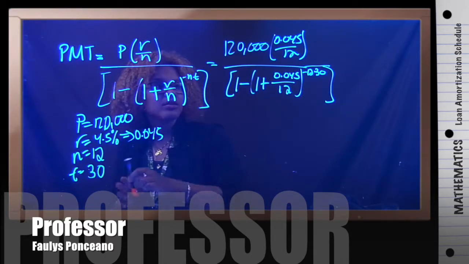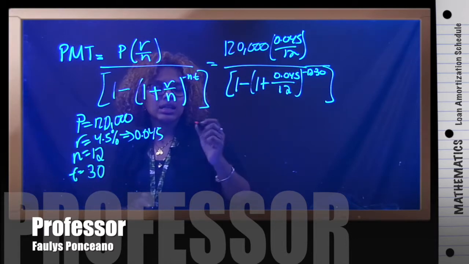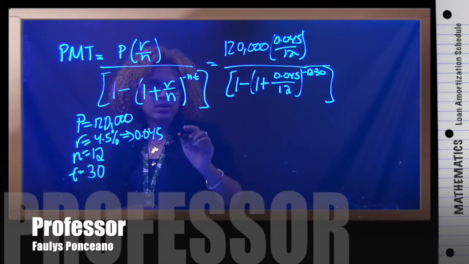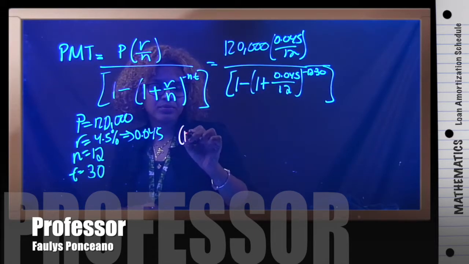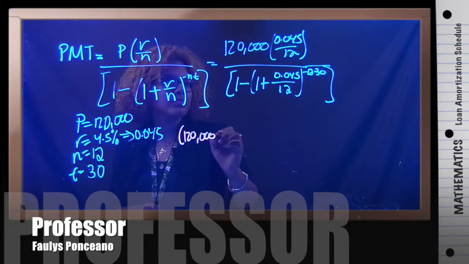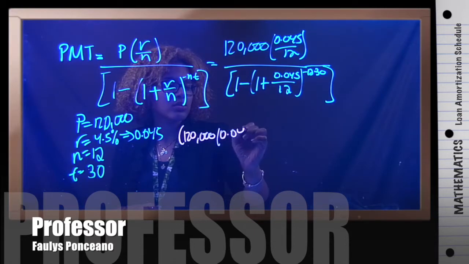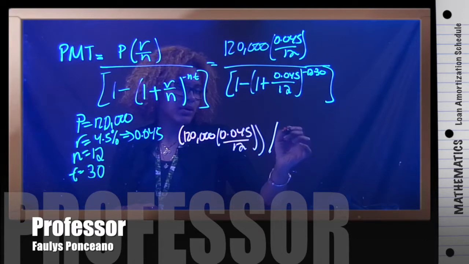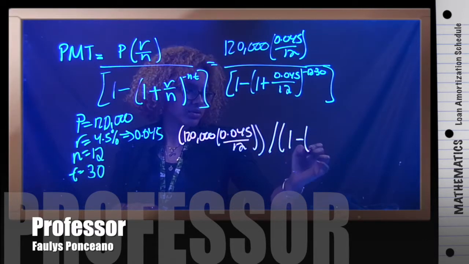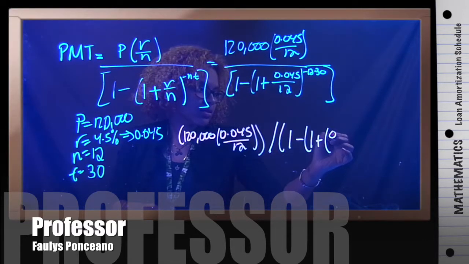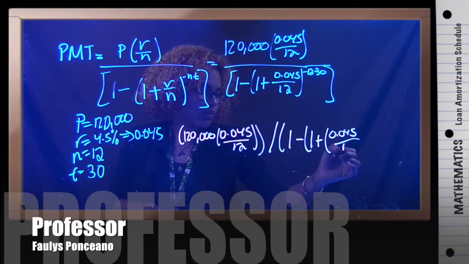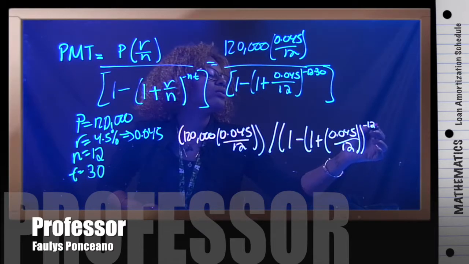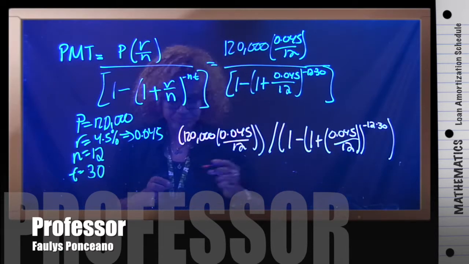Before we take the time to put this in the calculator, let's write down how it will look in the actual calculator. So you have parentheses 120,000 times 0.045 over 12 divided by parentheses 1 minus parentheses 1 plus 0.045 over 12, close and close, minus 12 times 30, close.